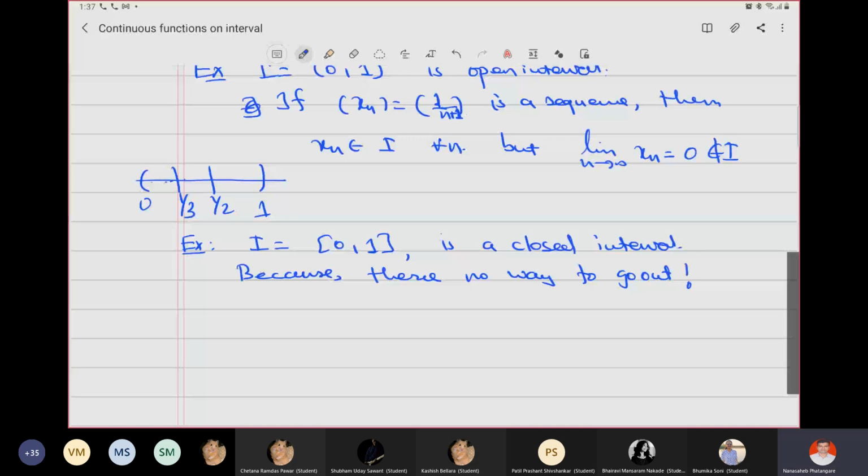For any sequence xn in I, if xn converges, then the limit of xn remains inside I. Do you understand this philosophy is the same? Just your room is closed or room is open. So interval is open, interval is closed.